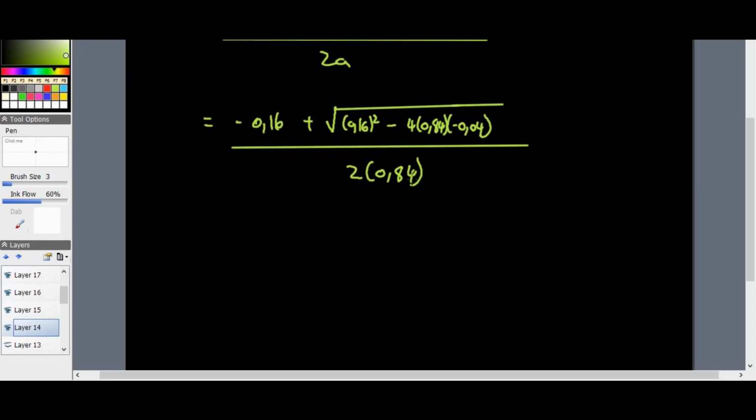Okay, so let's just take time to put that in our calculator. So negative 0,16 plus square root bracket 0,16 all squared minus 4 times 0,84 times 0,04 all over 2 times 0,84.